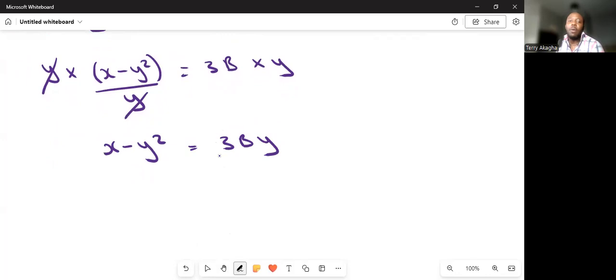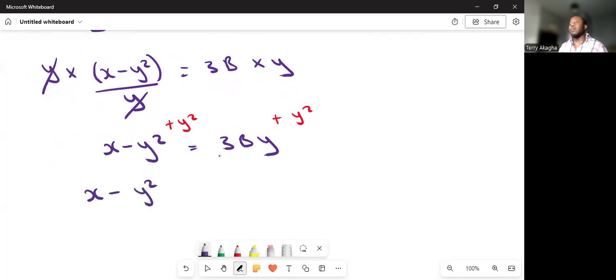Now I need to get rid of the y squared, very easy. I'm going to add y squared to both sides, okay? So that means to get rid of subtraction, you add, to get rid of multiplication, you divide, okay? So we'll have x minus y squared plus y squared will be equal to 3by plus y squared.